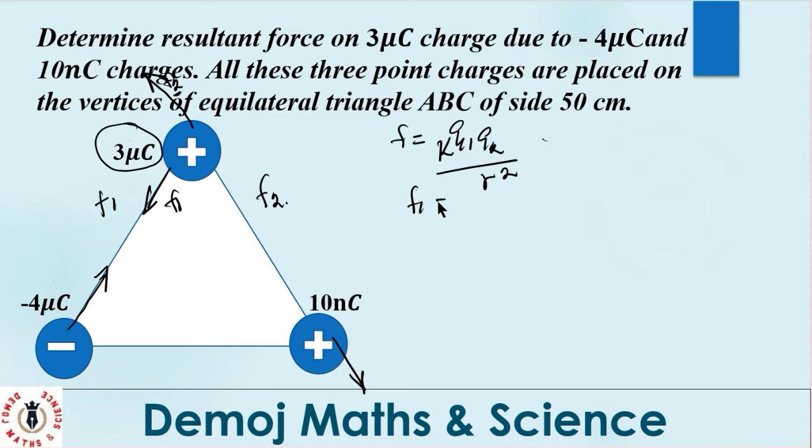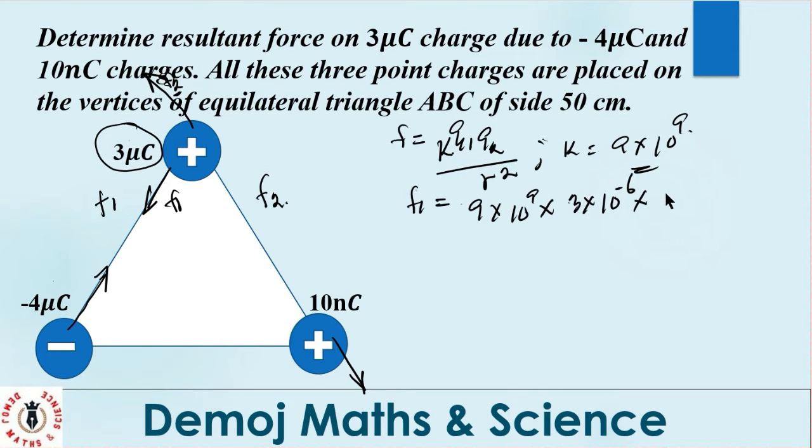I know my K is 9 times 10 raised to power 9. So F1 is 9 times 10 raised to power 9 times Q1, which is 3 times 10 raised to power minus 6, times 4 times 10 raised to power minus 6, all over R squared.